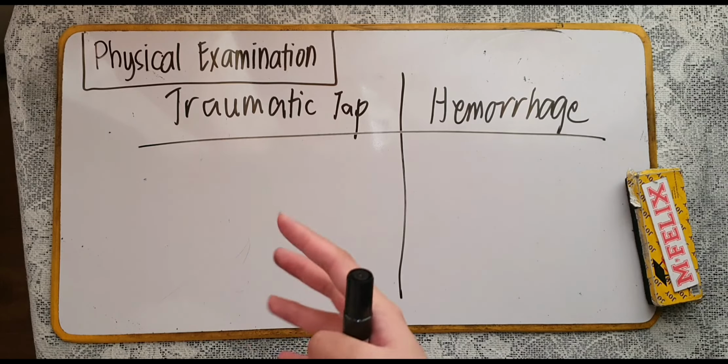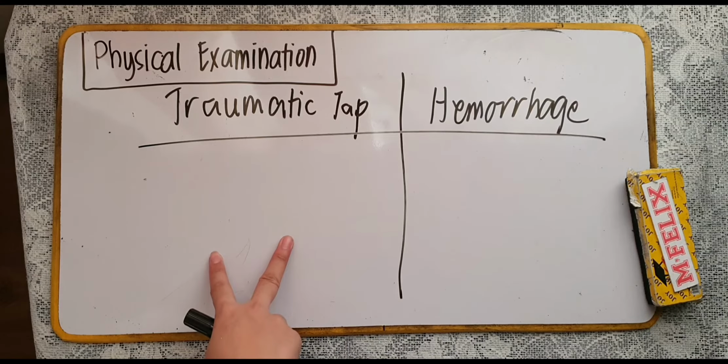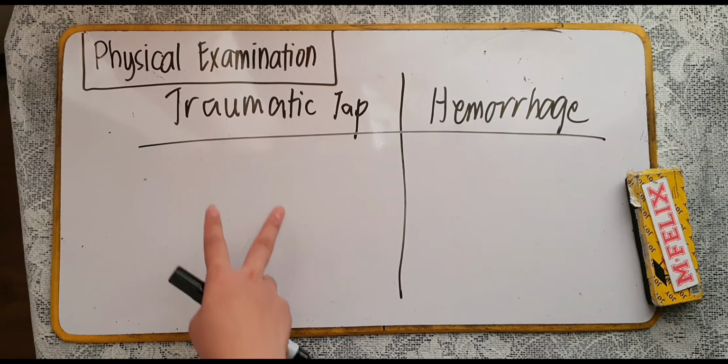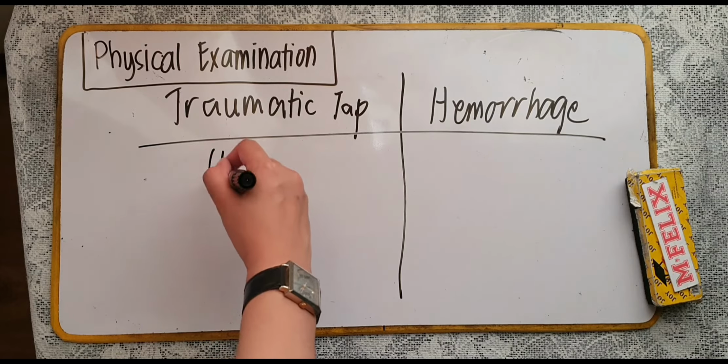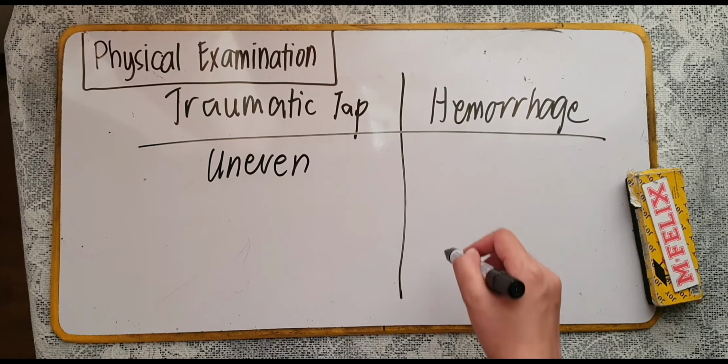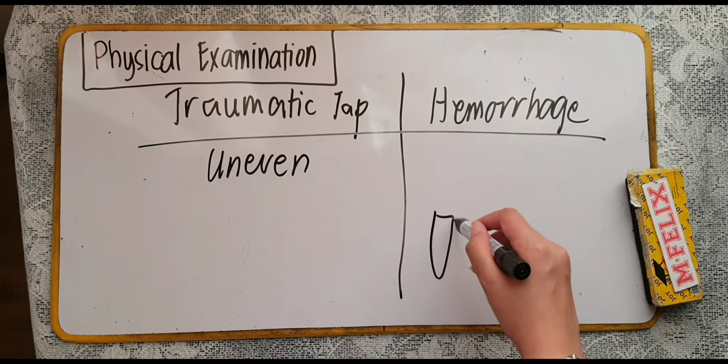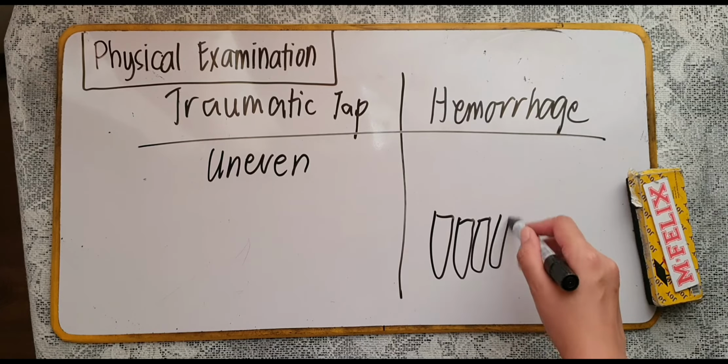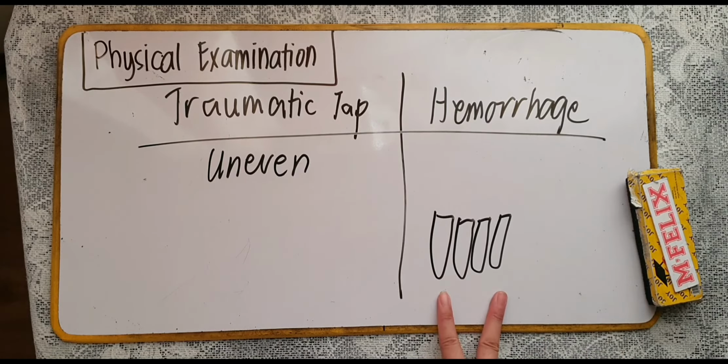Okay, in terms of their distribution, a traumatic tap, kapag yung kanilang distribution is uneven, traumatic tap yan. Okay, ano yung sinasabi kong distribution class? Yung tube 1 natin, tube 2, tube 3, tube 4. After collection, yung pagkaka-red dito sa tube 1 is very distinct.